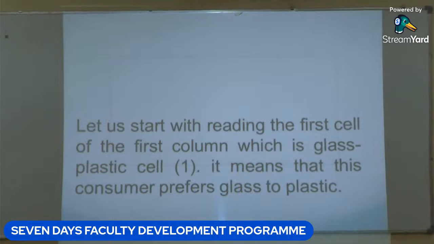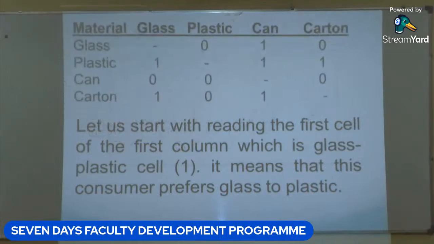So if we assign 1, then in a packaging machine, whether Coke, Pepsi or any other such soft drinks should be given in a plastic material, a glass material or a can material, that is what they are preferring. So the number 1 is read as the consumer prefers glass to plastic.